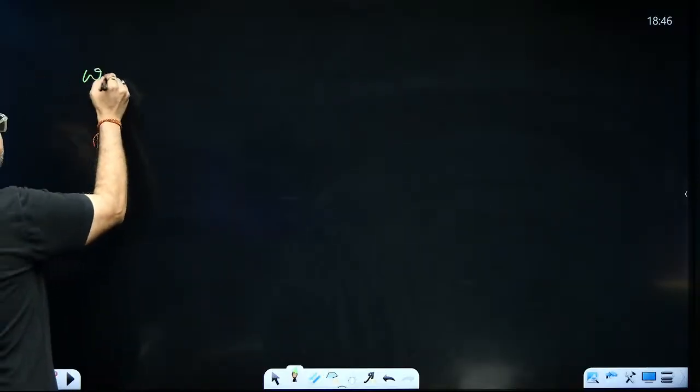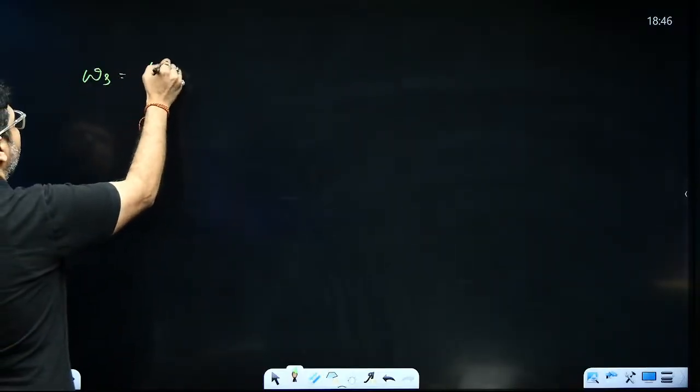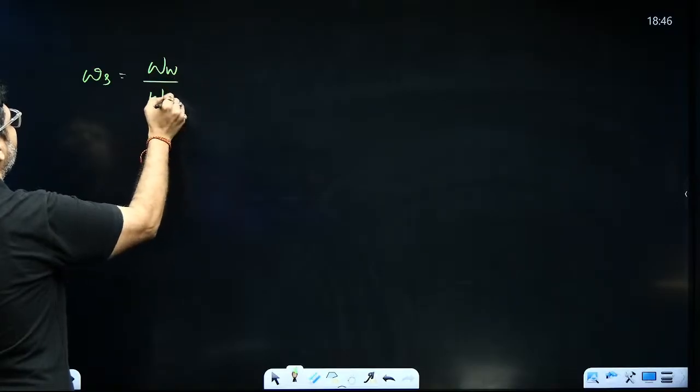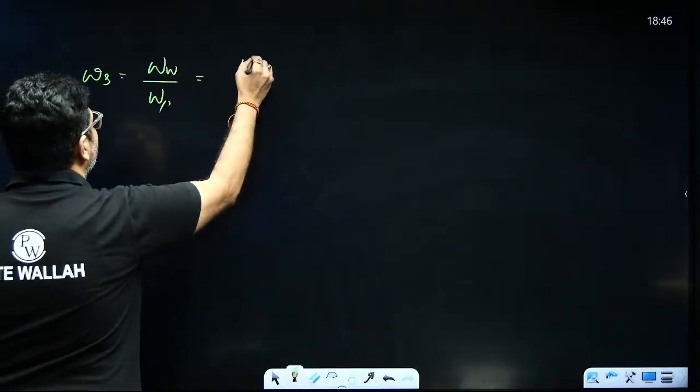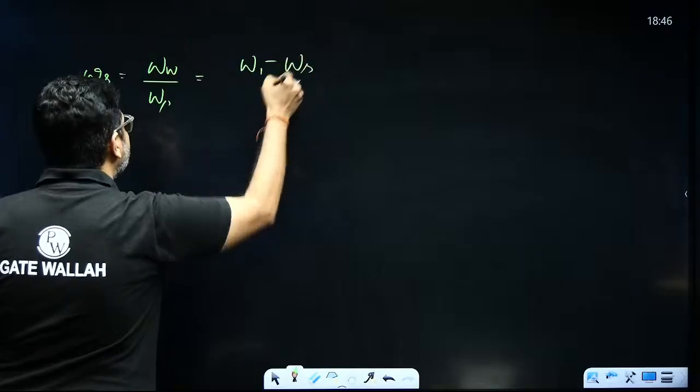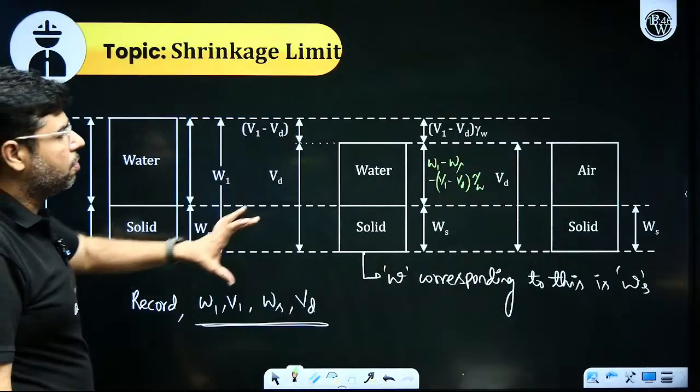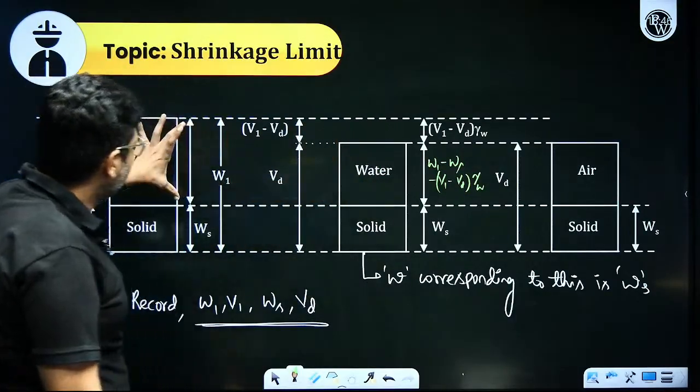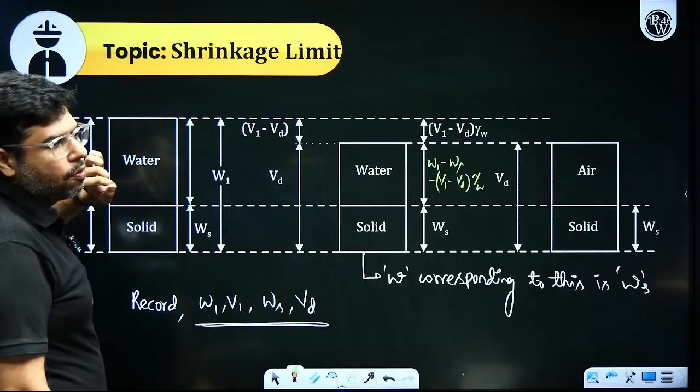We can easily find out the shrinkage limit. Shrinkage limit is nothing but weight of water by weight of solid. Just using the phase diagram, W1 minus Ws is the total weight of water.